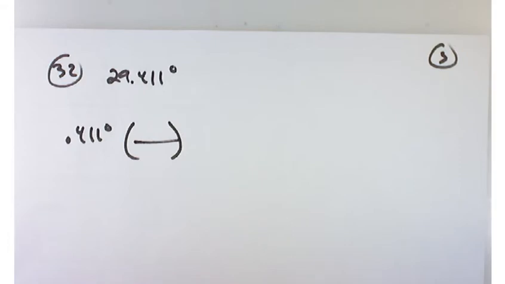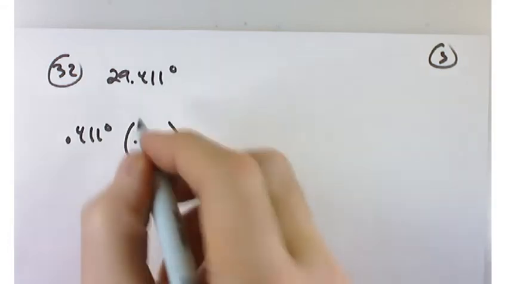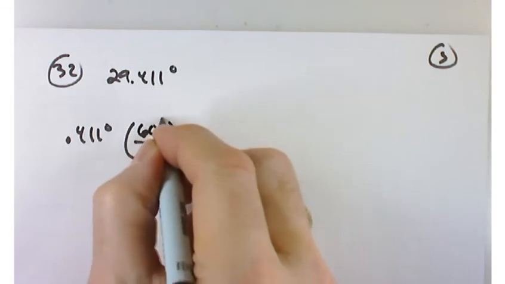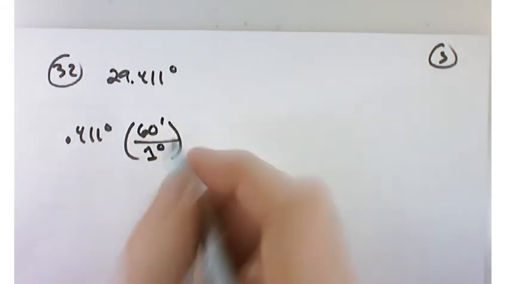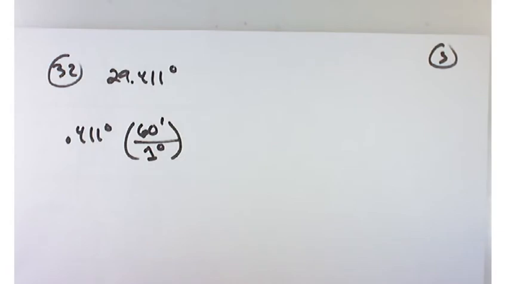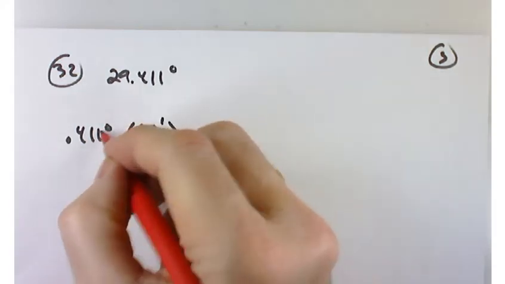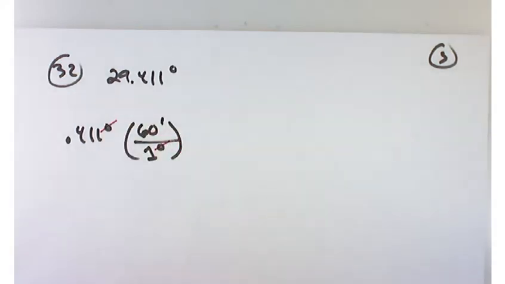What should I multiply by this time? Good. 60 over 1, right? You've got 60 minutes in 1 degree. And this is a good thing. If you can see that these units cancel, that's really helpful, because that lets you know you should be dividing instead of multiplying, or vice versa. The units of degrees cancels. And that's what we wanted to see.